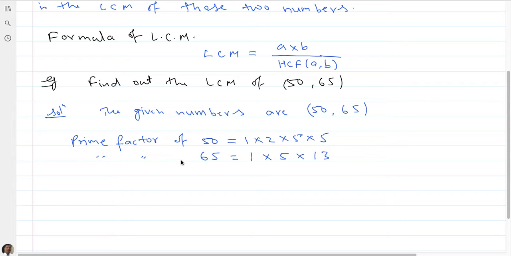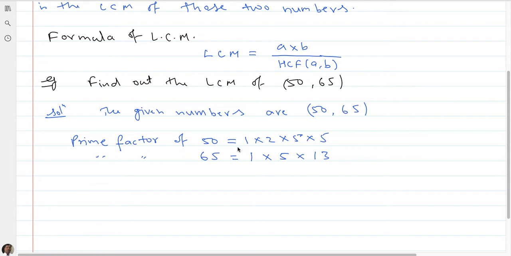So how to find the least common multiple? We need to find the LCM, but here we have written both numbers in the form of prime factors. We need to find the highest common factor, HCF, first. How to find the HCF?